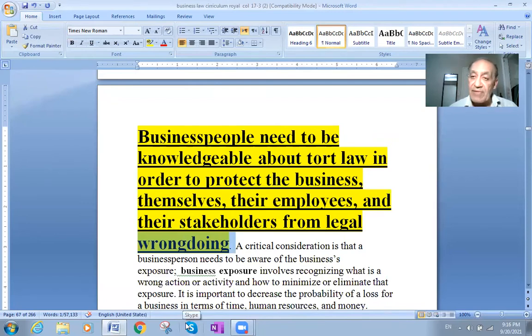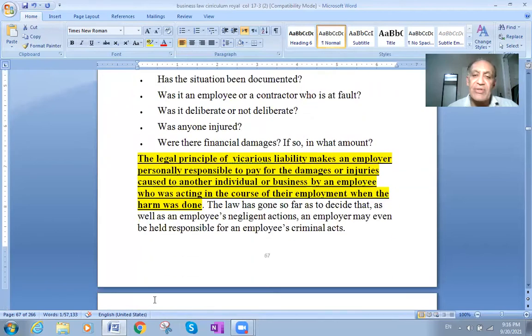I must know everything about tort law so I can protect people from any problem that arises now or in the future. This is regarding tort law.